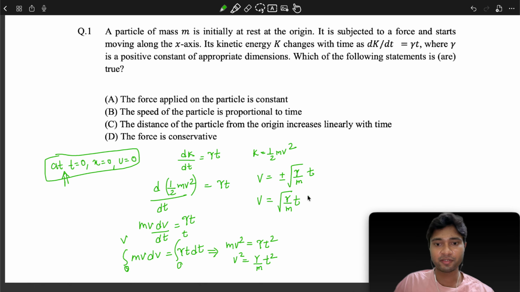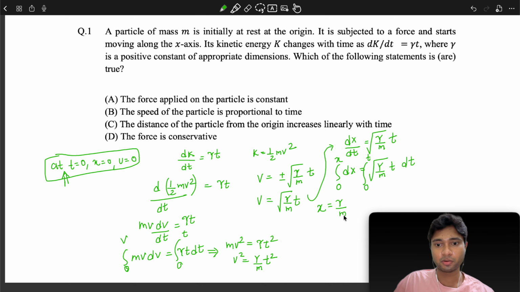Again, if I write velocity as dx/dt, the rate of change of position with respect to time, I can write it as root of gamma by m times t, bringing dt here, dx equals root gamma by m t dt. Integrating from 0 to x and 0 to t, we get x equals root of gamma by m times t squared by 2.